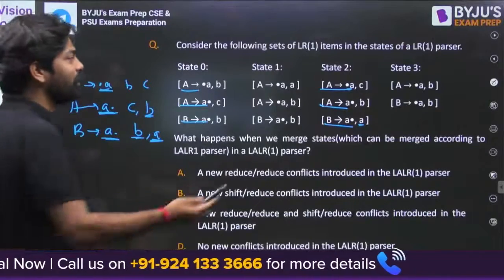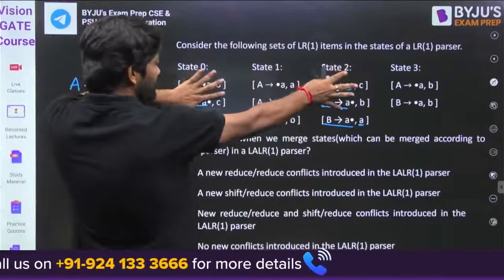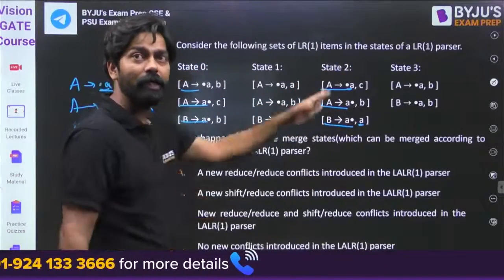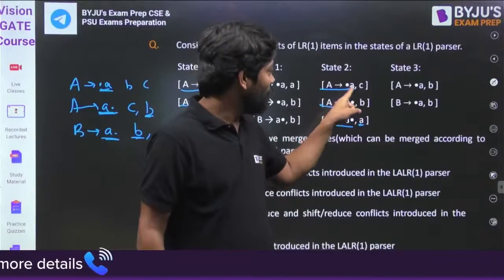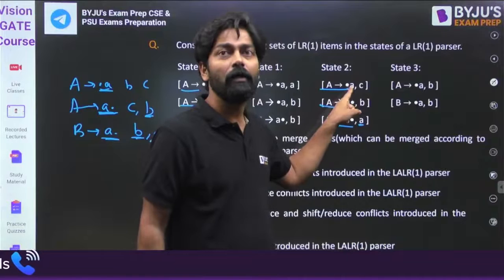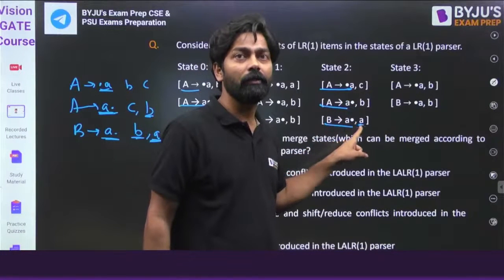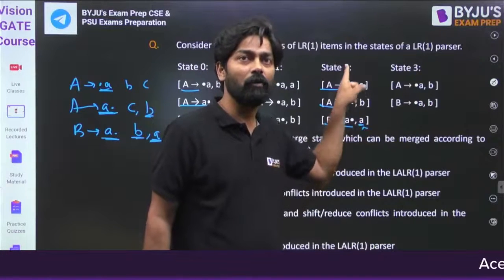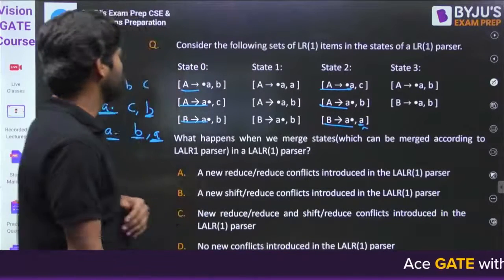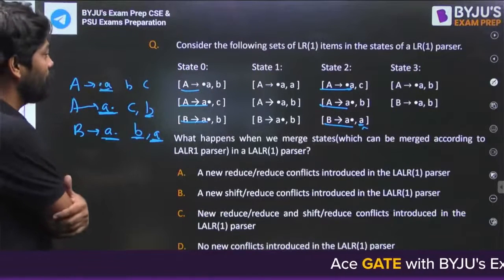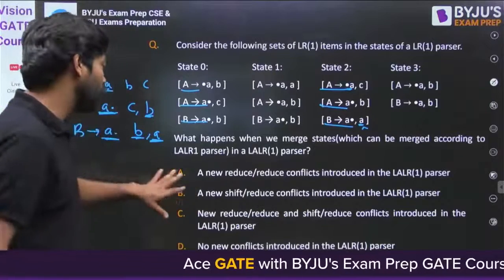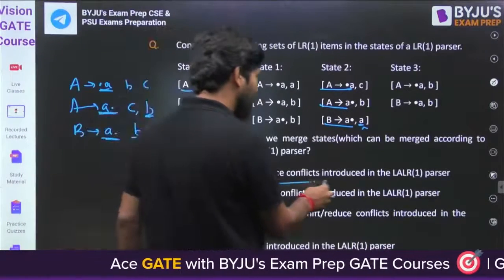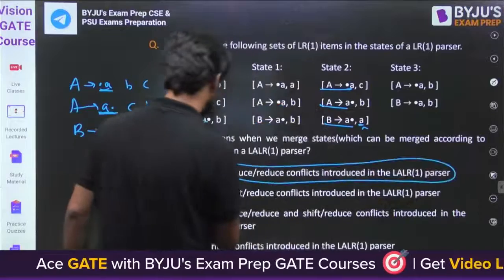See, because state 0 and state 2, if you see, on state 2 we already have SR conflict. See clearly? Dot A, shifting on A. Fine. Here reduction on A. Here SR conflict. So my dear friend, SR conflict. So after merging, definitely SR conflict will be there. So here also a new reduce conflict is introduced in the LALR parser.